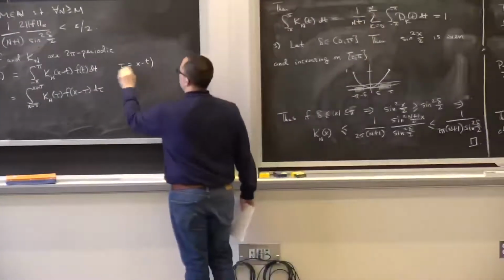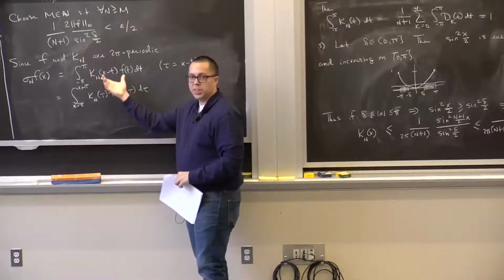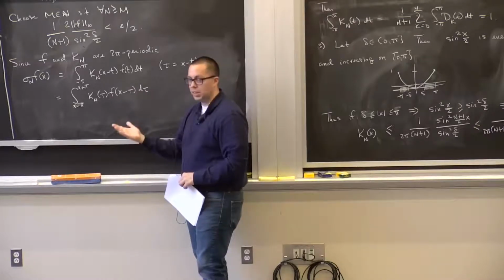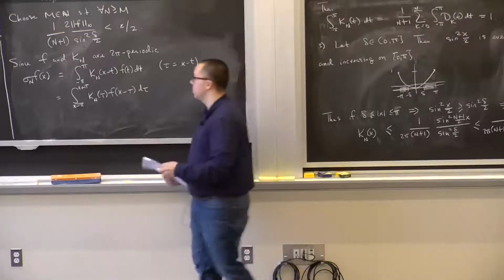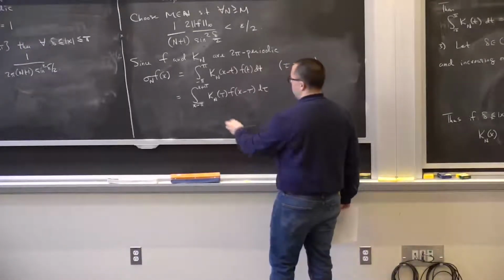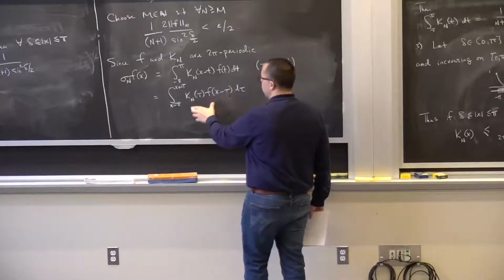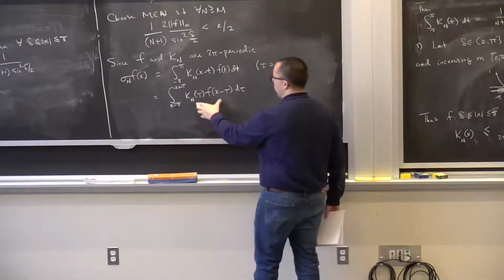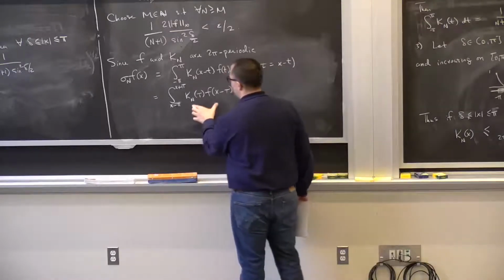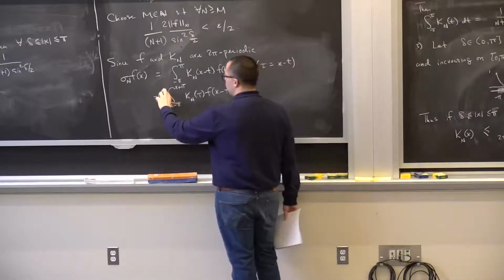Okay. All of this change of variable stuff is fine because I'm integrating continuous functions, so that's the Riemann integral. We have change of variables for the Riemann integral, so that's completely fine. Now this is the product of 2 pi periodic functions, and the integral of a 2 pi periodic function is equal to the integral over any interval of length 2 pi.